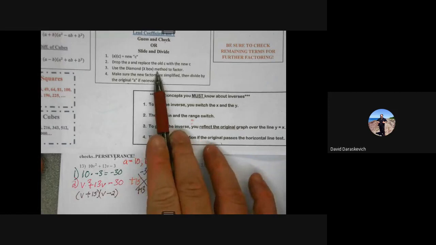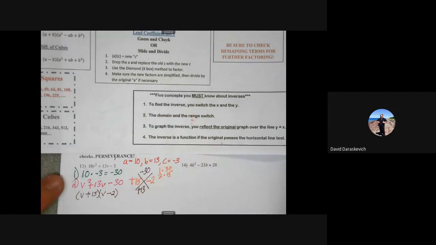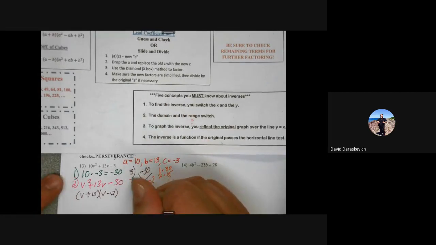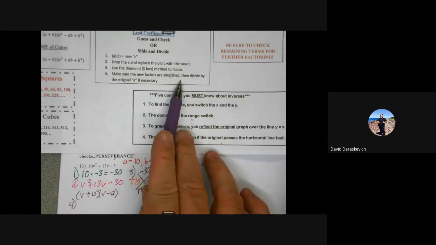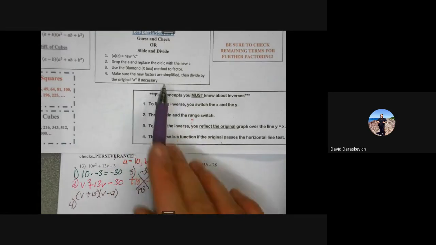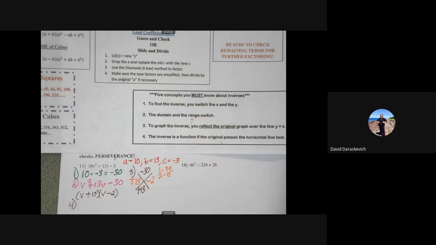Okay, so this was step 3. Use the Xbox method to factor. So step 4. Make sure the new factors are simplified, then divide by the original A. So what we have to do in step 4 is to divide each one of these by the original A, which is 10.